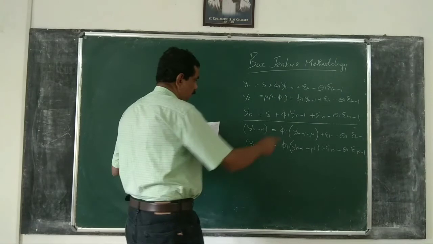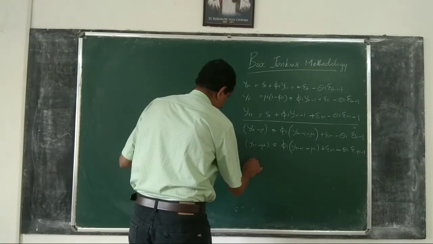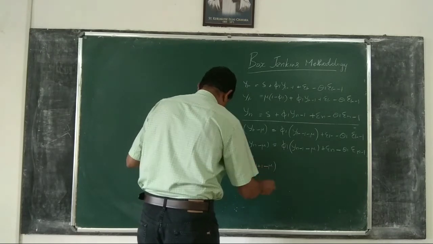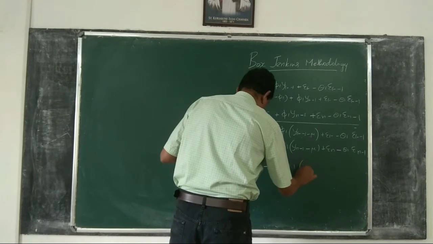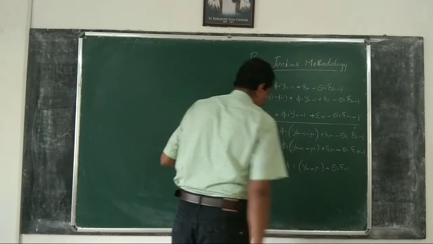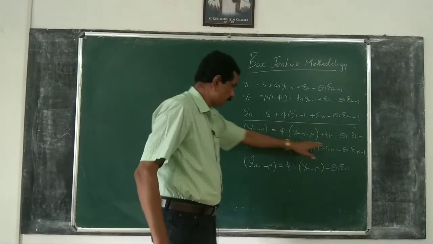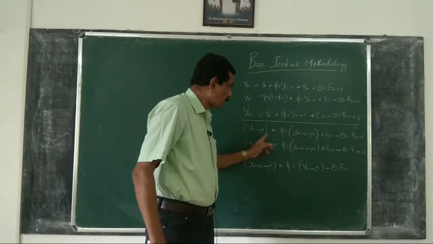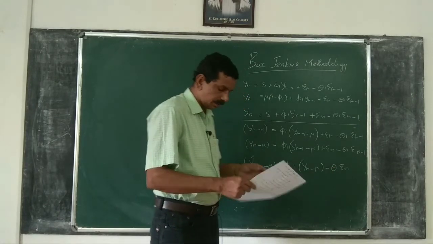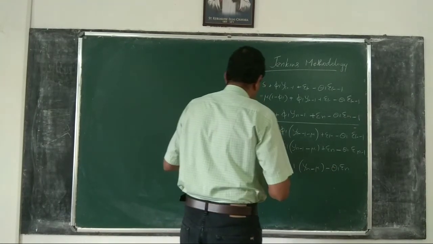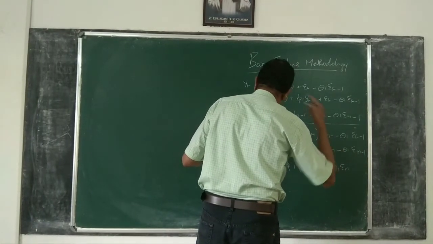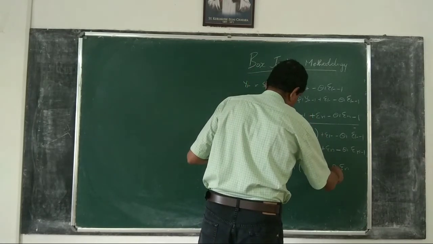The minimum MSE forecast can be written as y hat n plus 1 minus mu is equal to phi 1 into yn minus mu minus theta 1 epsilon n. That is, if you take expectation, you get this. It differs from AR1 by the term theta 1 epsilon n.